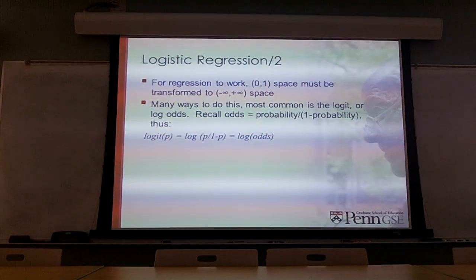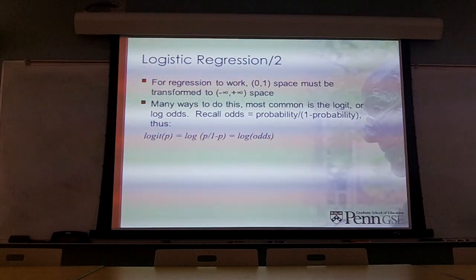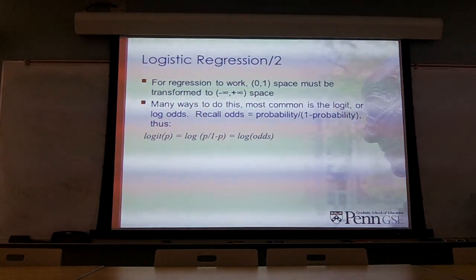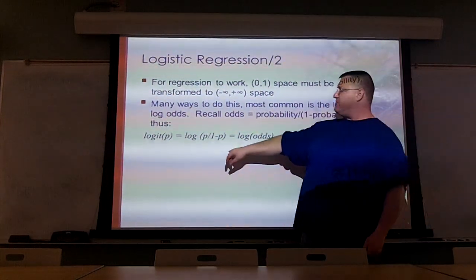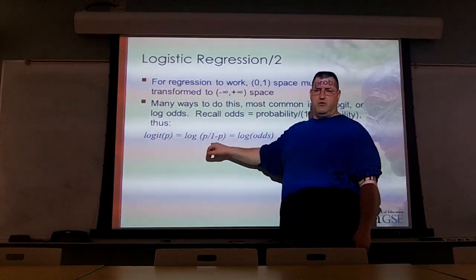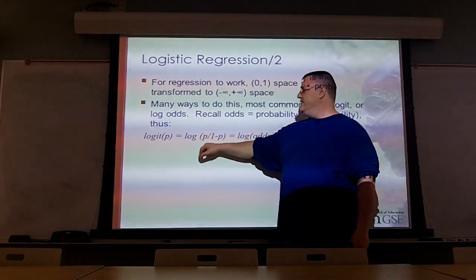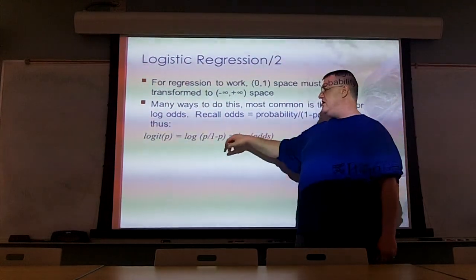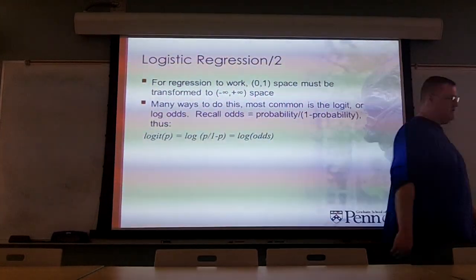Okay. And what we see here, inside the parentheses, is probabilities. Probabilities we can convert to odds. This is how we convert probability to odds. And we take the log of those odds to get the log odds, or a logit.